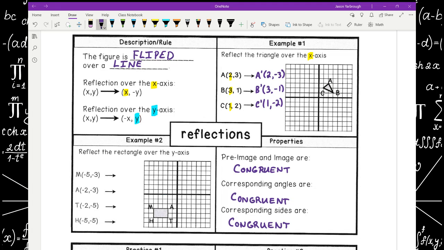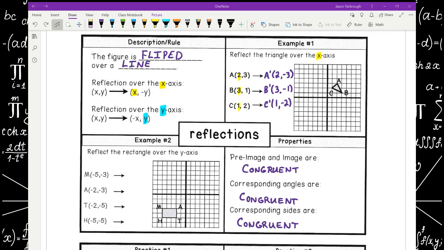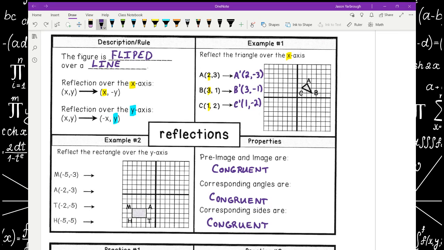So for A prime, we go right 2, down 4, and that is this point here, and we're going to label that with an A with an apostrophe after it.